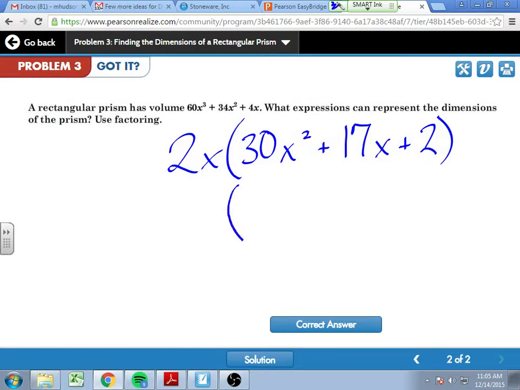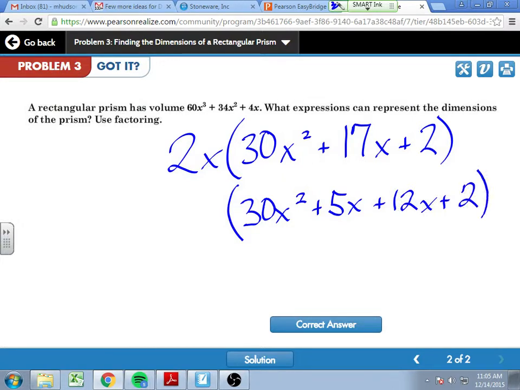So I rewrite this. 30x squared plus 12x plus 5x. Actually, I'm going to write that the other way. Plus 5x plus 12x plus 2. Because I would rather group my 30 and my 5, and my 12 and my 2. This 2x still needs to be up front, so I carry it down again.